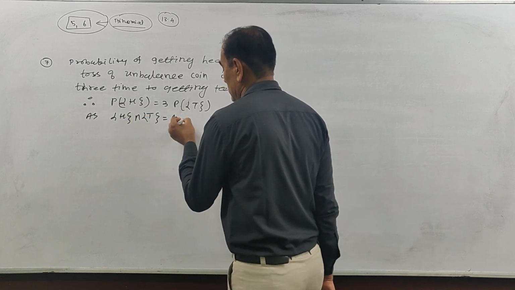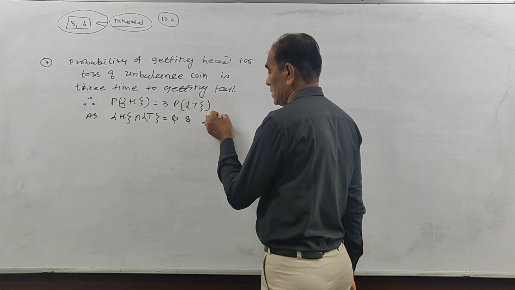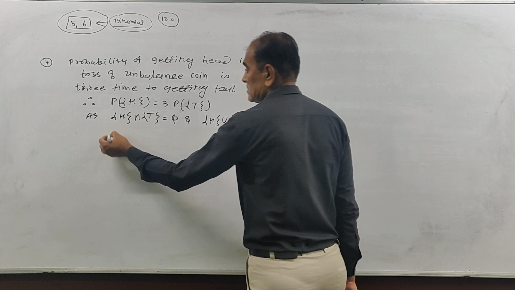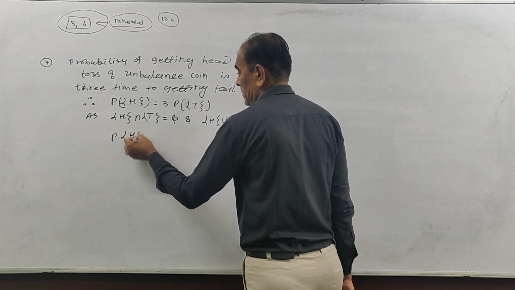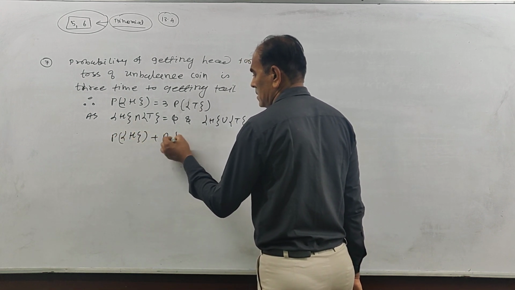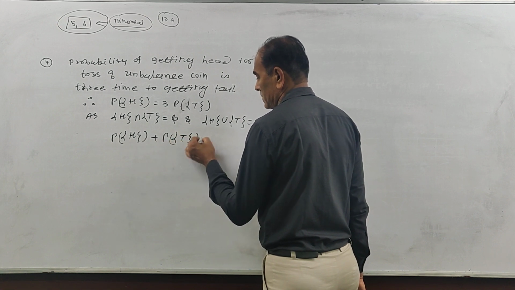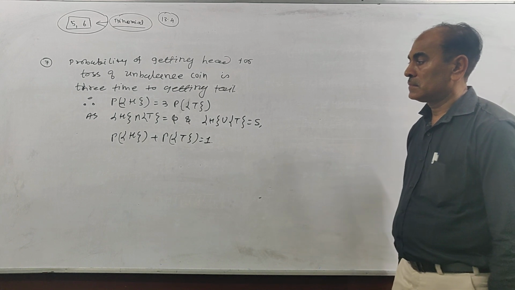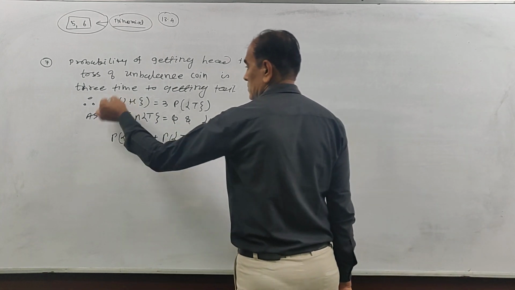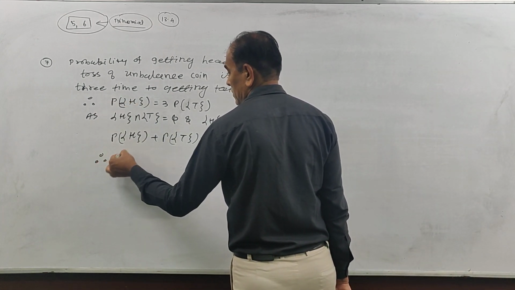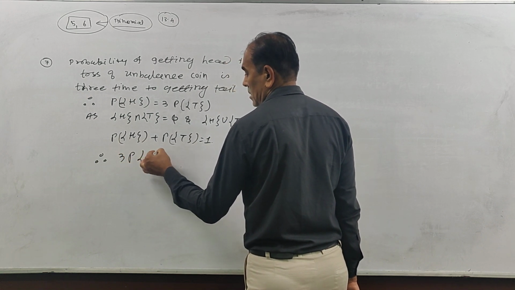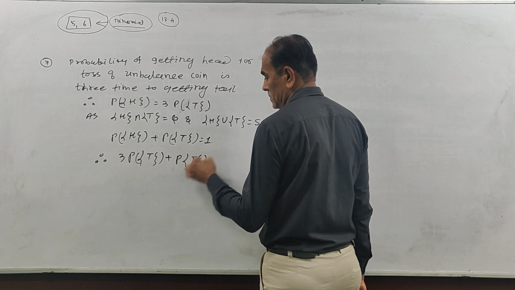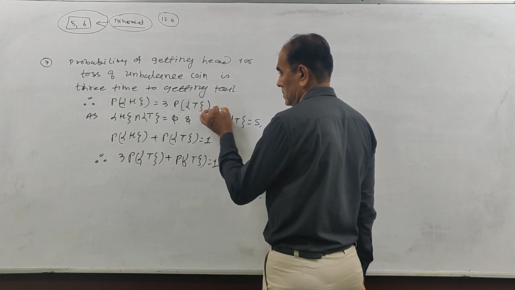H intersection T is equal to the null set and H union T is equal to S, so P of H plus P of T is equal to 1. Now replace the value, and therefore 3 times P of T plus P of T is equal to 1.